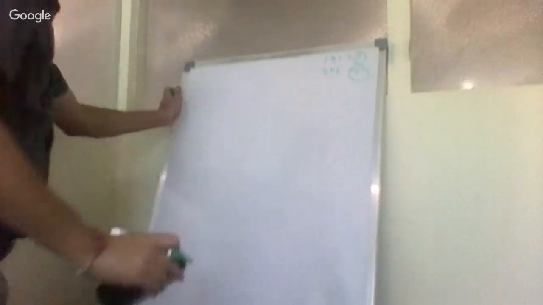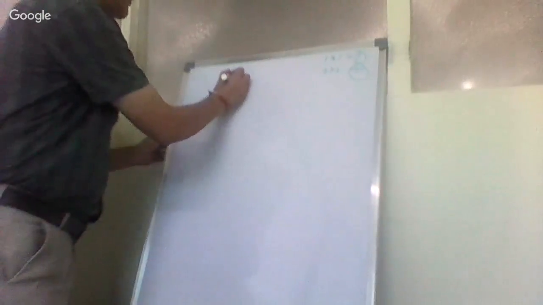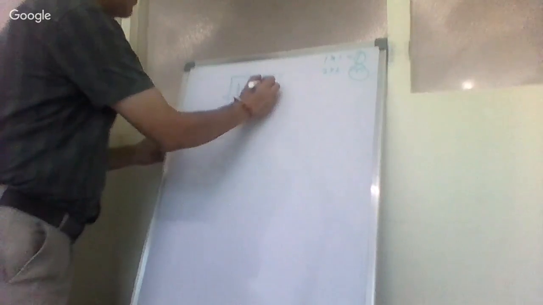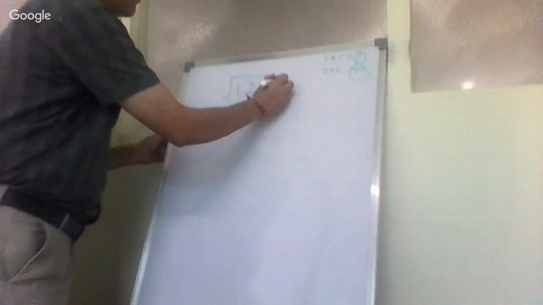So today, after finishing the class, just try these things, how to find the square root of a number, right? Yes, sir. Okay, first we'll do how to find the square root of a number. Say 1225.